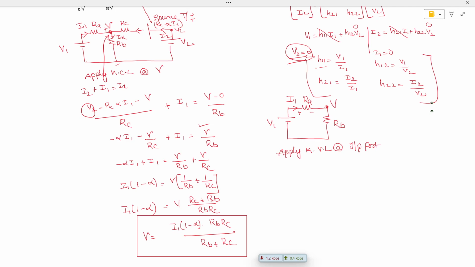The current is leaving, what is the voltage leaving polarity? So plus V1 minus I1 RA, the voltage is positive, negative here, minus V equal to 0.